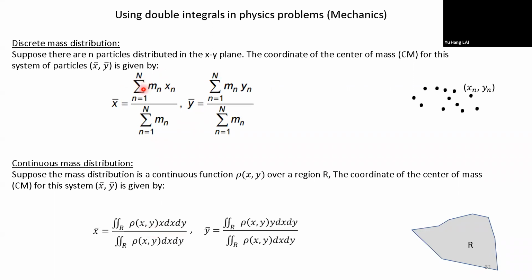Instead of summing over the mass of each particle times its x coordinate, I'm summing: the mass of a small region dx dy is given by rho times dx dy, the tiny bit of mass in that region, times the x coordinate of that region, and then divided by the denominator, which is just the total mass of your plate. Same idea goes for the y variable.